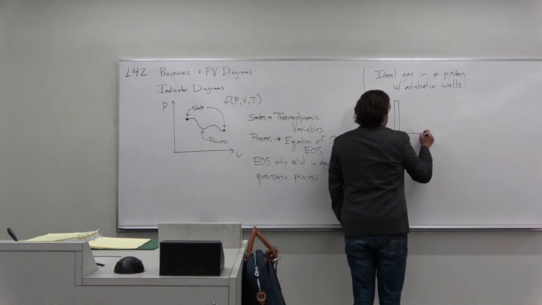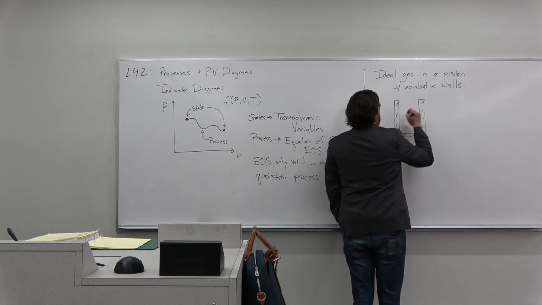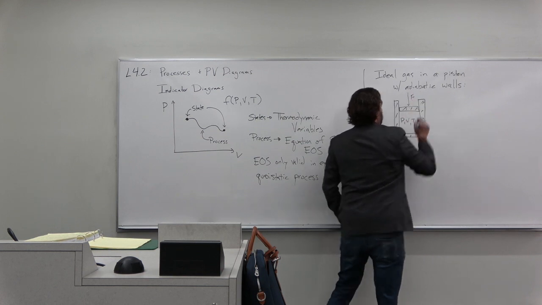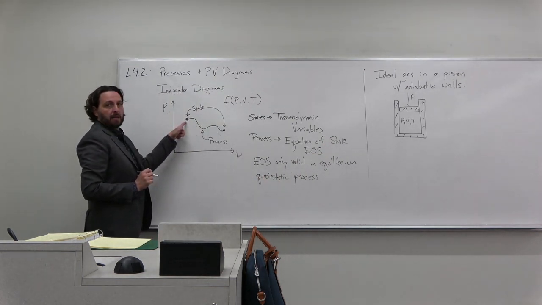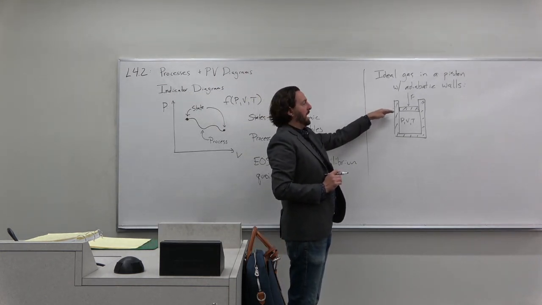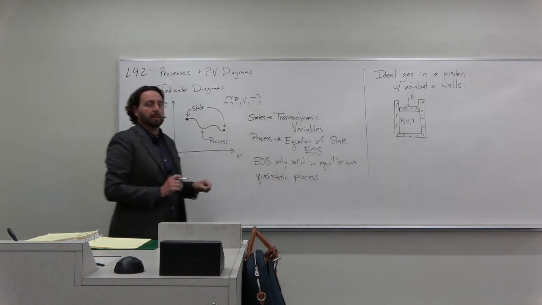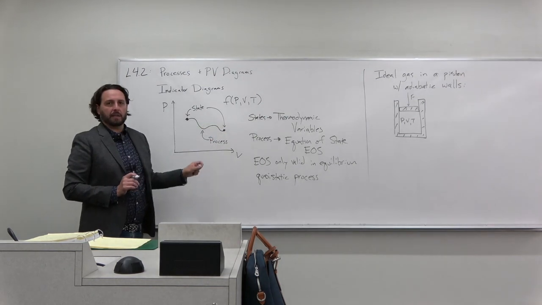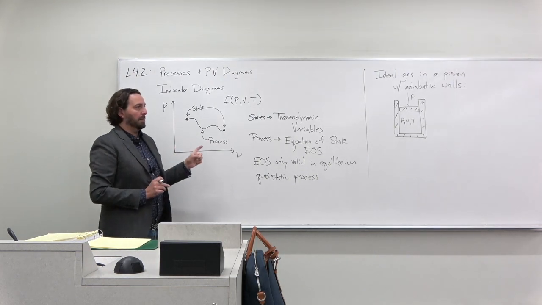We have our adiabatic walls and a piston, also adiabatic. There's some pressure, volume, temperature, and I'm going to apply some force. Let's call that state 1. Now I can imagine very slowly, quasi-statically compressing it, so that I can follow my process on my indicator diagram because it follows my equation of state.